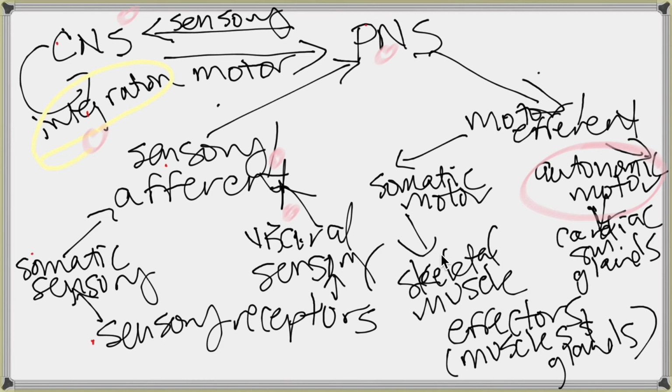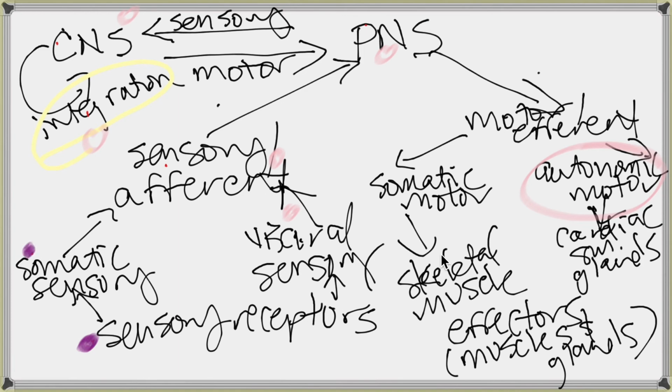All right, so if I put my hand on a hot stove, I want to talk about what kind of sensory information and how it gets to the central nervous system and how I get it back out. So I want to put my hand on a hot stove, and then I want to respond by contracting my skeletal muscle to move my hand. So the sensory receptors, follow me, okay, are going to be in my skin, right? So that's somatic sensation.